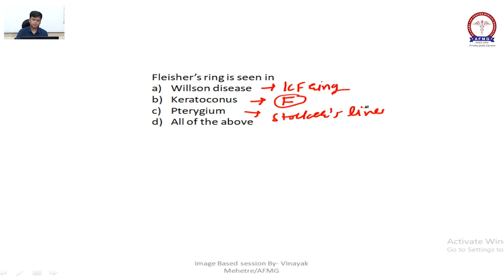Now, in keratoconus and pterygium, which iron will get deposited? I already told you in last session. This one is your iron. Okay, in Wilson disease, try copper, and there is one more you should remember.